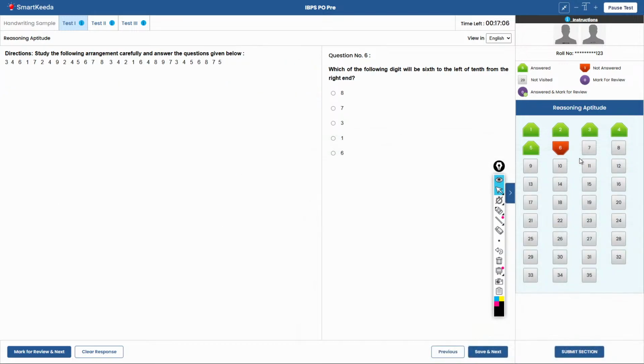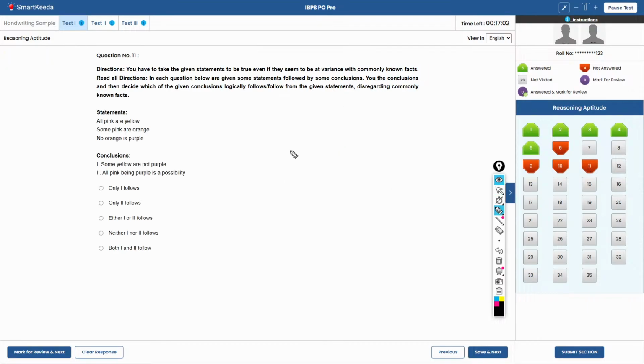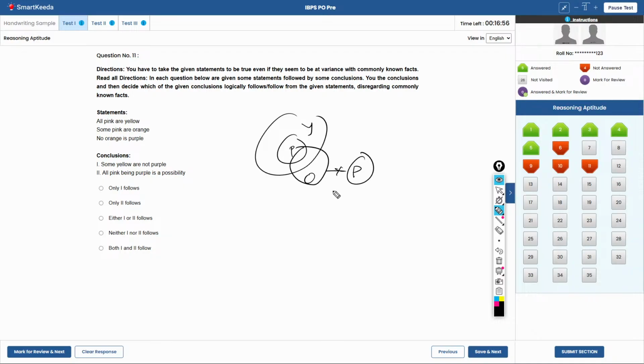Okay, sequence. Skip for now. All pink are yellow, some pink are orange, no orange is purple. This is pink, this is purple. Some yellow are not purple.